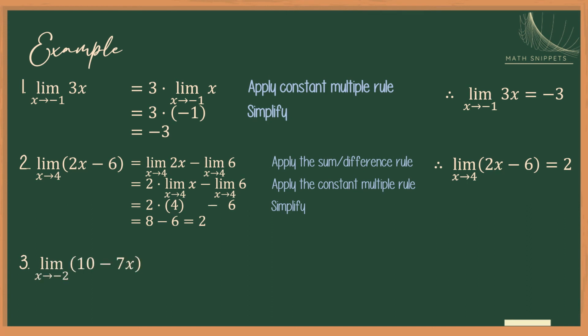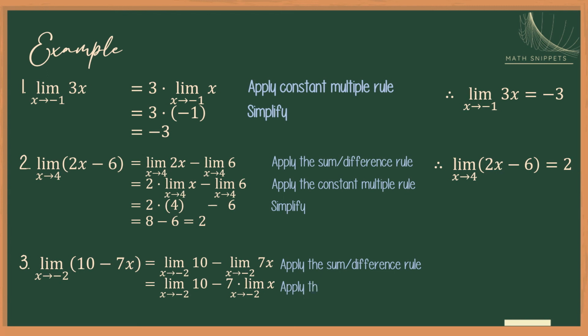Now, if we have 10 minus 7x as x approaches negative 2, again, this is a difference of two functions. So we get the limit of 10 minus the limit of 7x from the sum or difference rule. Now, if you look at 7x, we can factor out 7. So we get the limit of 10 minus 7 times the limit of x.